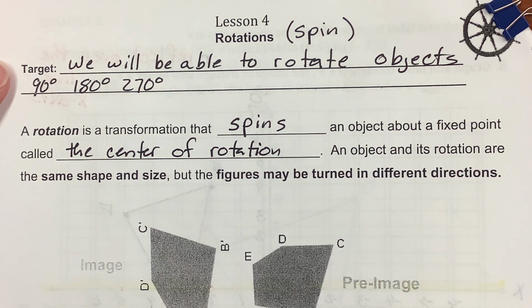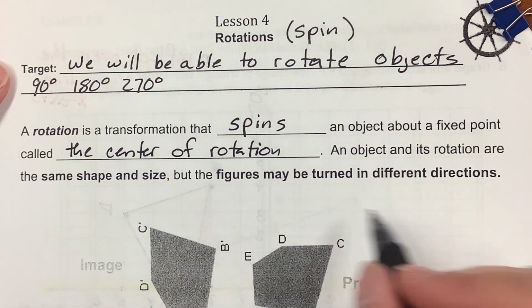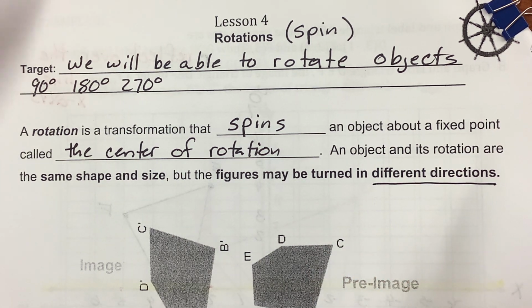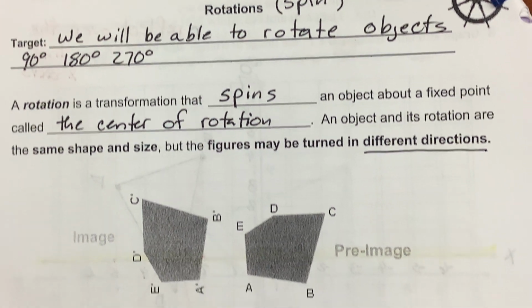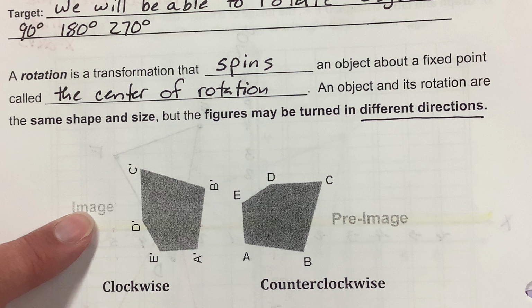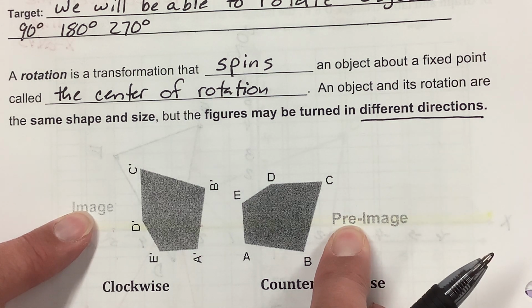And an object and its rotation are the same shape and size, but the figure may be turned in different directions. We're going to talk a lot about that. So, the image is where you end. The pre-image is where you start.